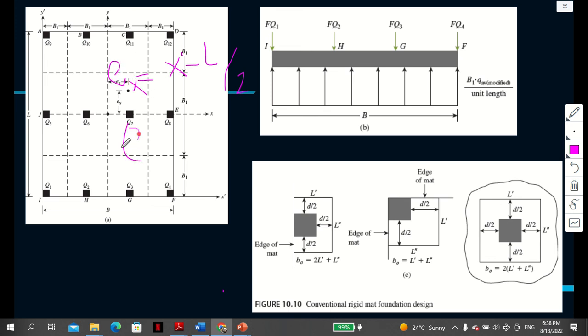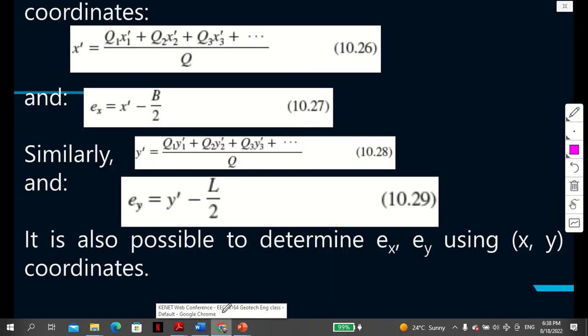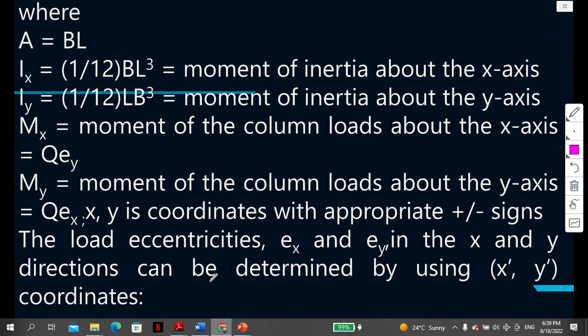And then the eccentricity in the y direction would be y prime, what you have calculated, minus, let's say, Ly over 2. That's all we are trying to do here. It's also possible to determine Ex and Ey using xy coordinates. That is basic math.